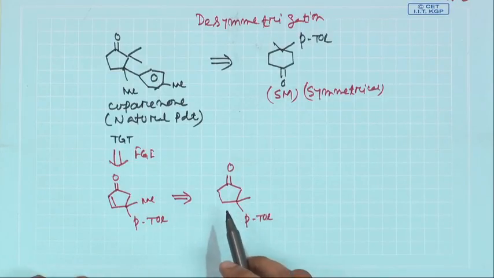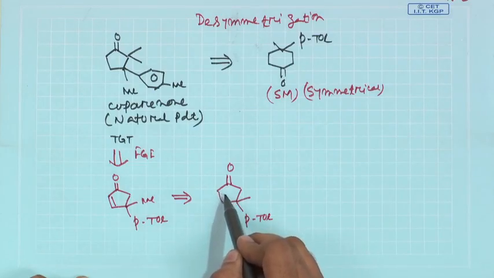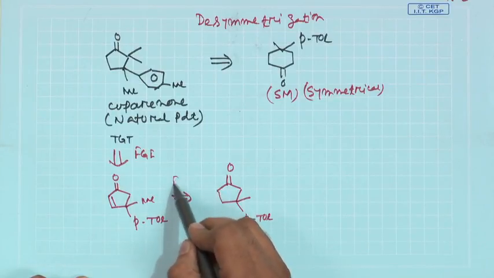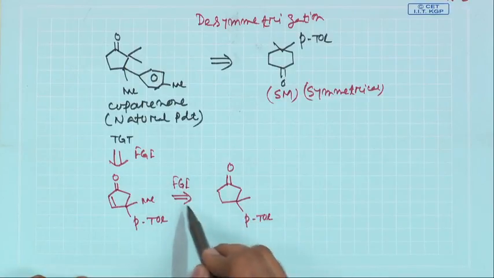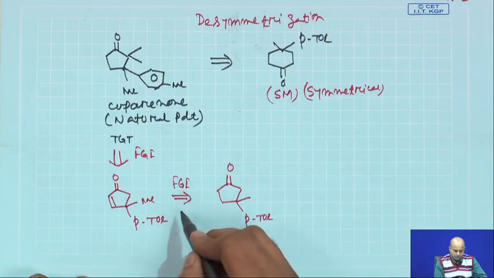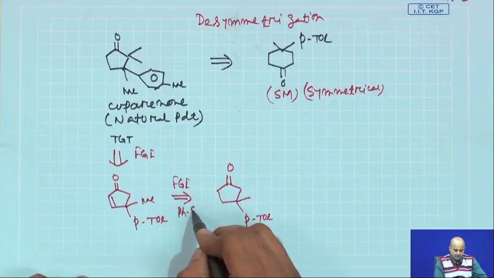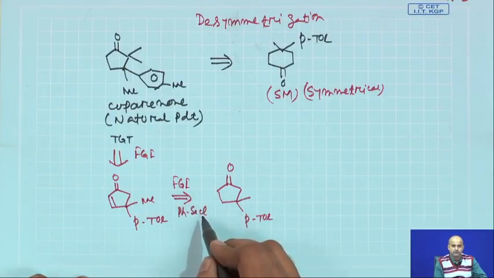In the earlier lecture we talked that you can create an alpha beta unsaturated olefin adjacent to a carbonyl by selenium-based chemistry. So, you can introduce PhSeCl as an electrophilic reagent.